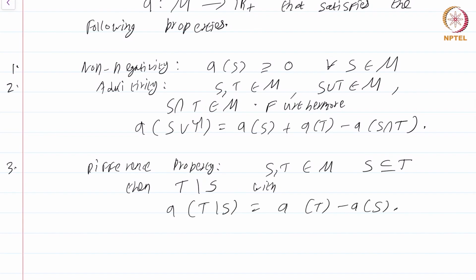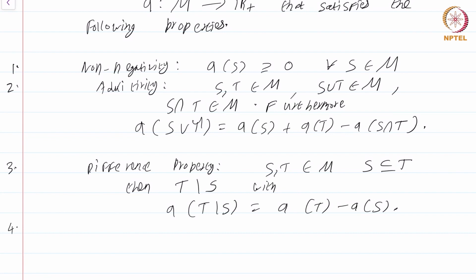If you have two figures for which area makes sense and one figure is fully contained in the other, then it makes sense to just excise that figure away from the larger figure and be left with a figure whose area is A of T minus A of S. Again, this is a perfectly reasonable, perfectly intuitive axiom that you would definitely want area to have. Okay. Now, number 4.